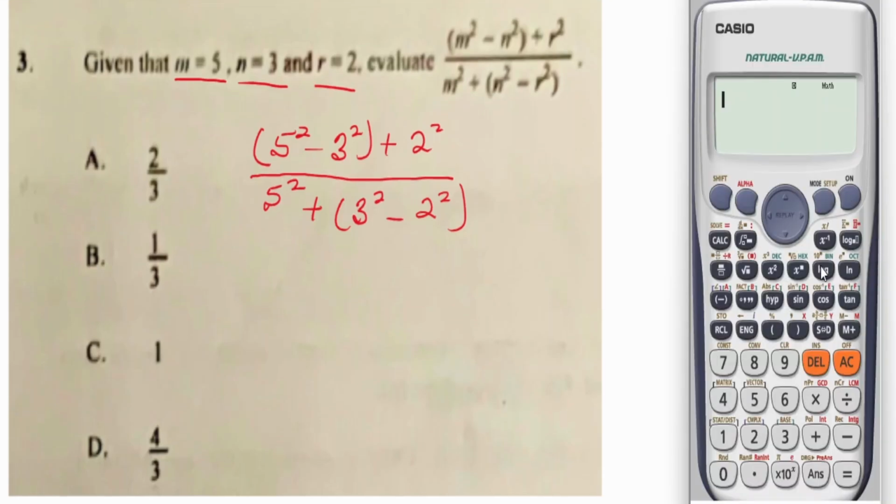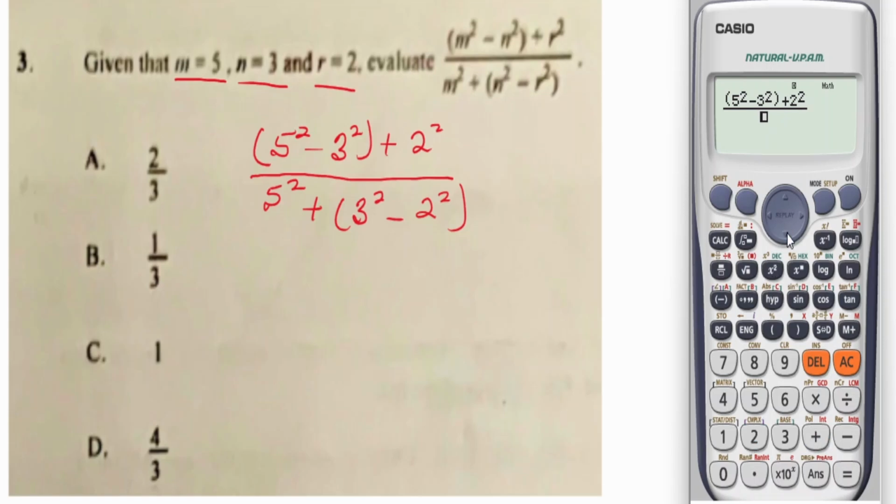It will be advisable for us to enter fraction first, then now parentheses. Remember, we are putting it as it is in the question. So we have 5 squared minus 3 squared, then we close our parentheses, plus 2 squared.